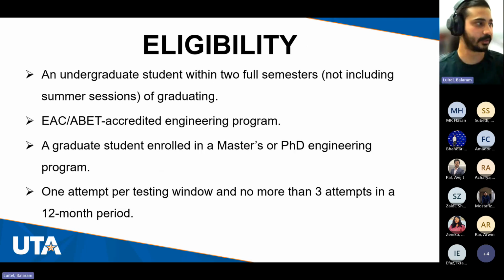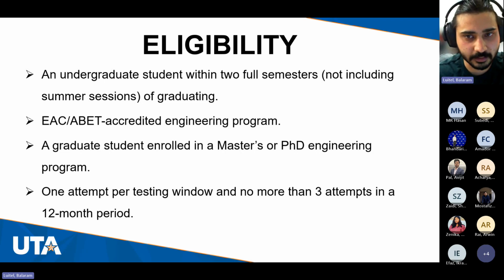The eligibility for the FE exam is an undergraduate student within two full semesters, not including summer semesters, of graduating. Basically, if you are in your senior year, the fourth year of your bachelor's, you can take the FE exam. But for that, your engineering program has to be EAC or ABET accredited. If you are a graduate student enrolled in a master's or PhD engineering program and haven't taken your FE exam, you can still take it.